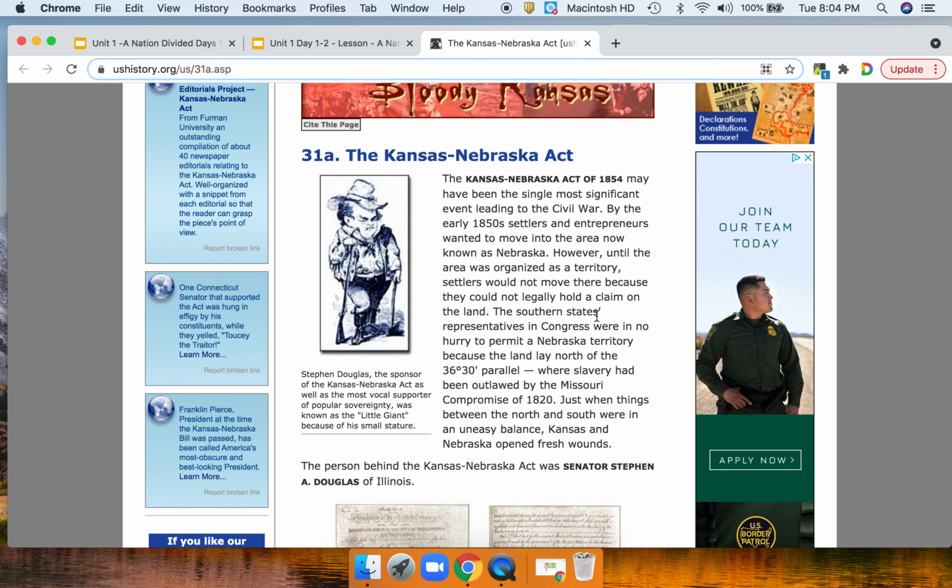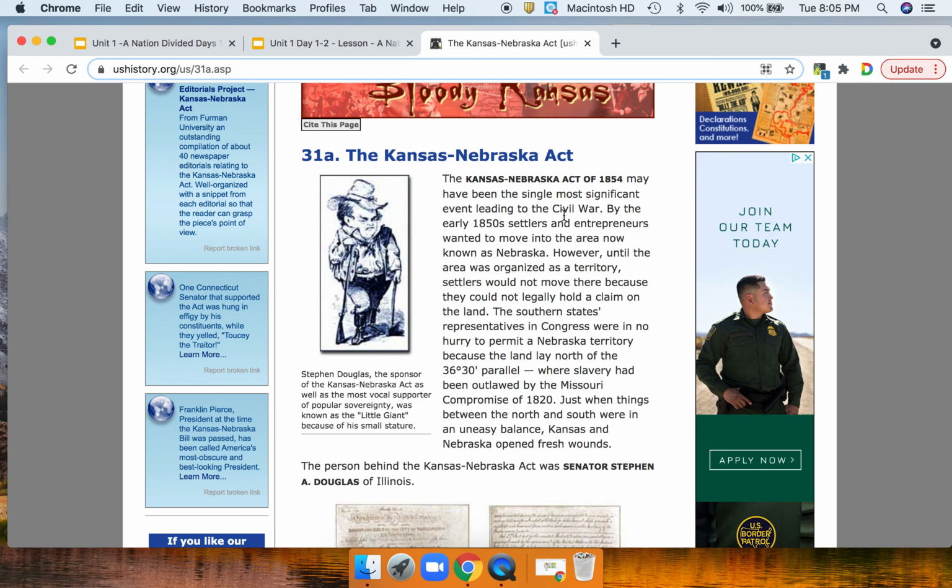The southern states' representatives in Congress were in no hurry to permit a Nebraska territory because the land lay north of the 36° 30' parallel, where slavery had been outlawed by the Missouri Compromise of 1820. Just when things between the North and South were in an uneasy balance, Kansas and Nebraska opened fresh wounds.